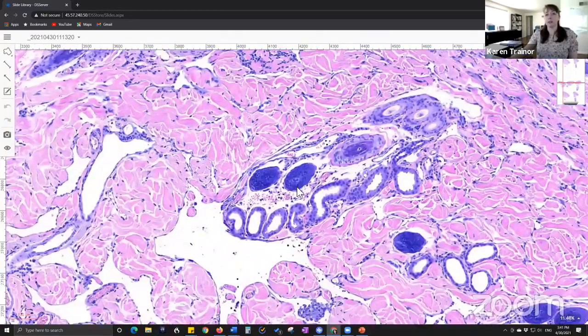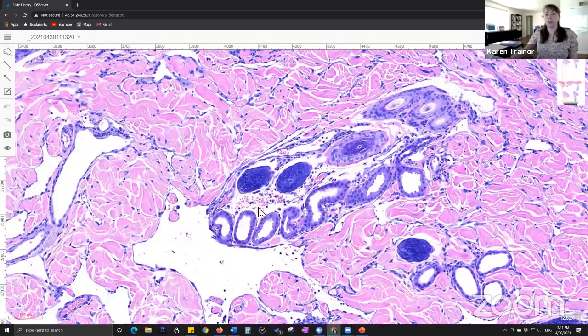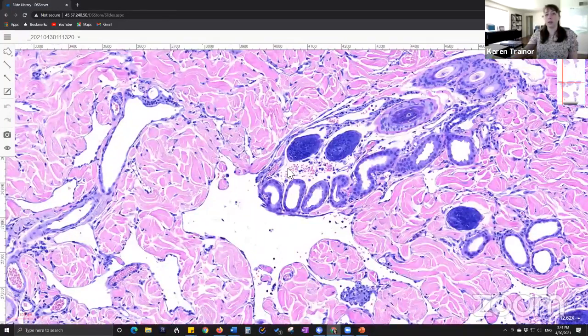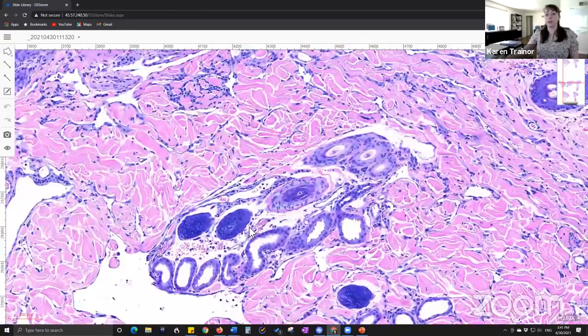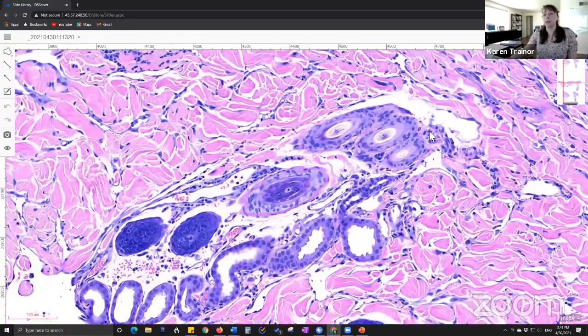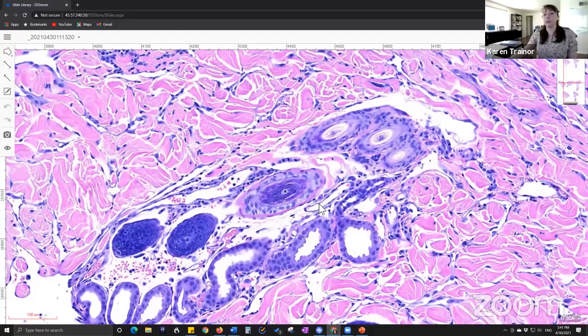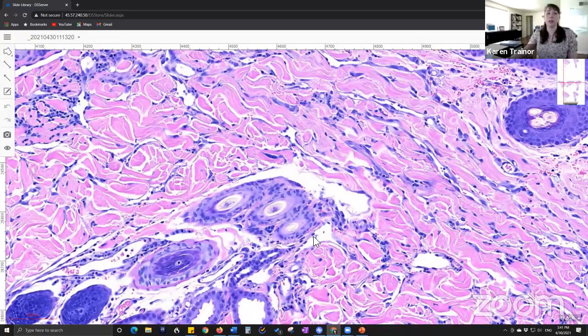But look at this. This is so interesting. So this is the tumor, and these vascular channels or lymphatic type channels are intertwining, interdigitating in and around and encompassing and engulfing these adnexal structures. So I did wonder if in this particular case, this was somehow contributing to some of the alopecia.